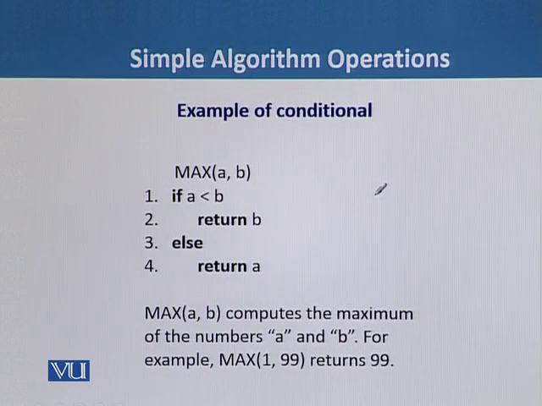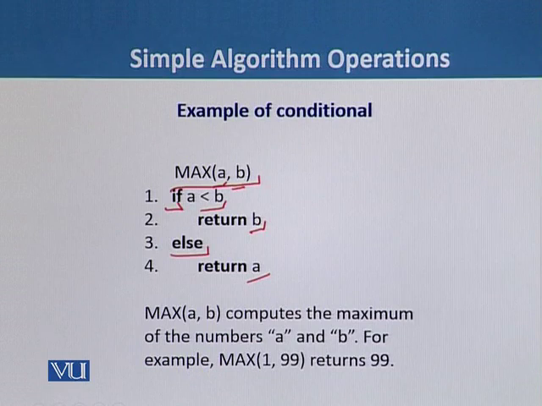Here we can see that we have to calculate the maximum value from variables A and B. Again, this is a conditional. If A is less than B, then return B. Else, meaning otherwise, return A. It's very simple.